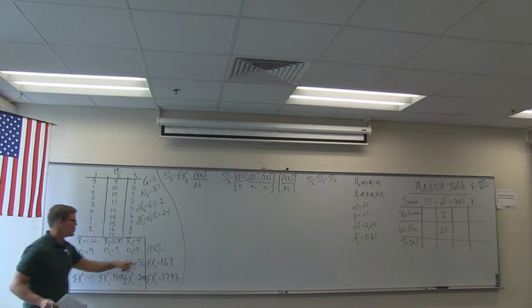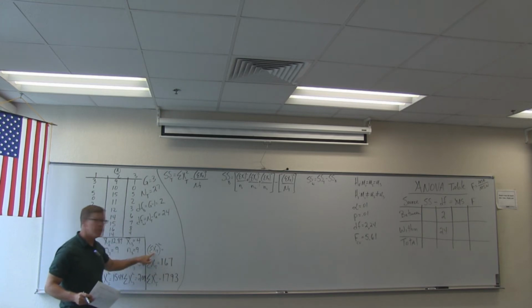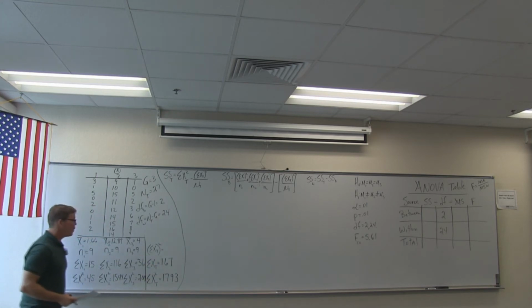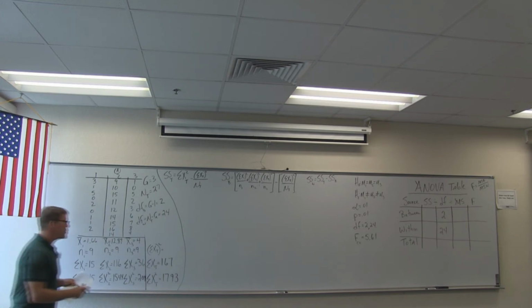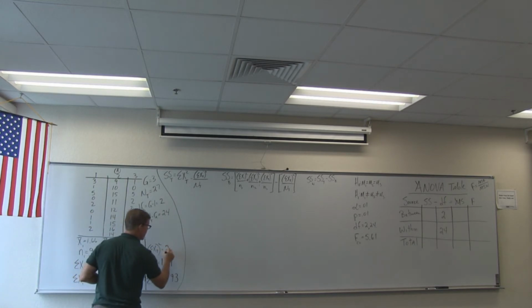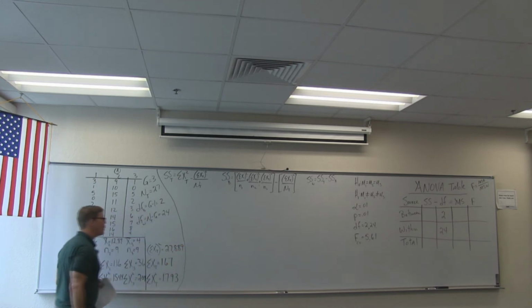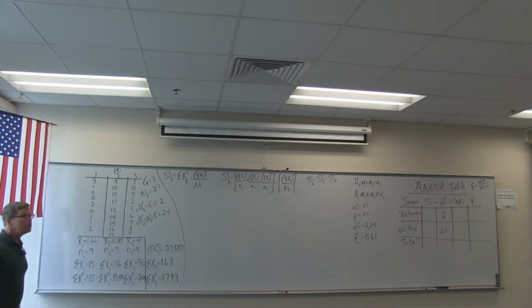And then we take this 167 quantity per these instructions and square it. 167 squared, 27889. And we're ready to go, getting the data set ready to actually do the partitioning.